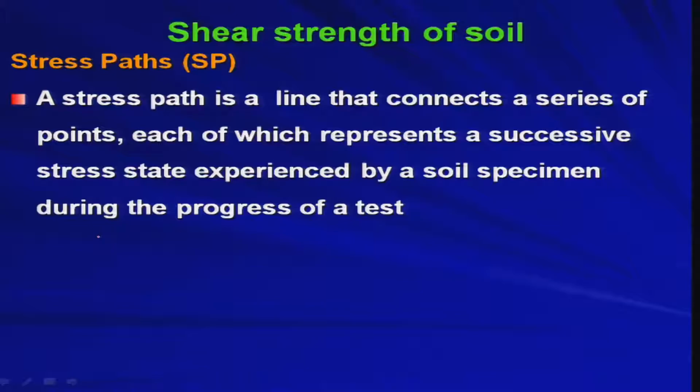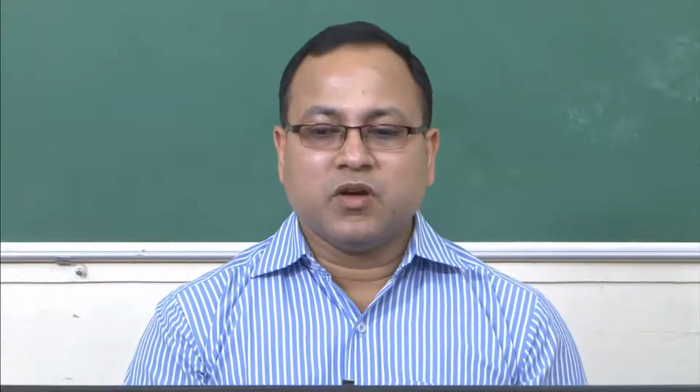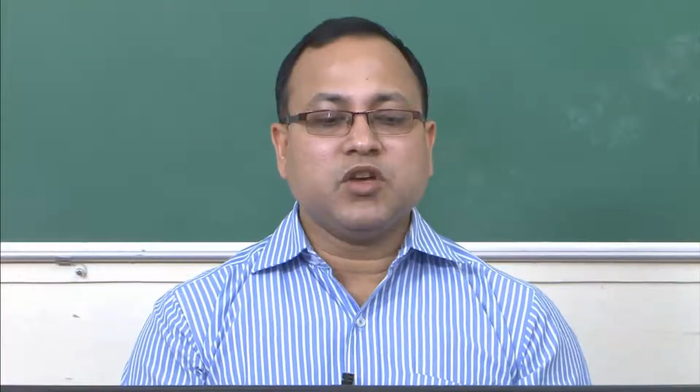So, a stress path is a line that connects a series of points, each of which represents a successive stress state experienced by a soil specimen during the progress of the test. Okay. So, it says that the stress path is a line; it could be linear, it could be non-linear, that means a curved line, that connects a series of points.